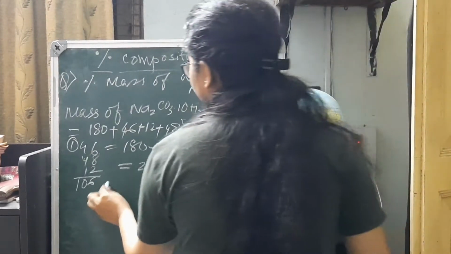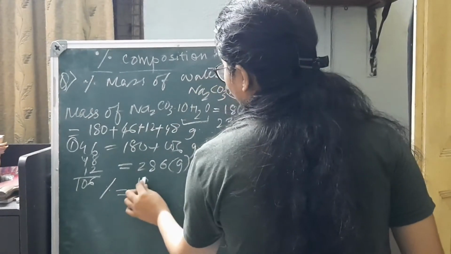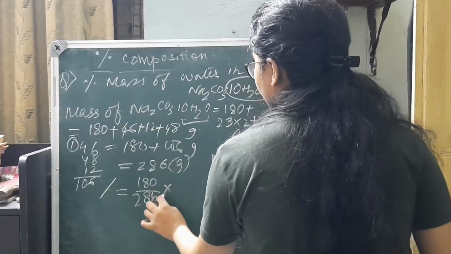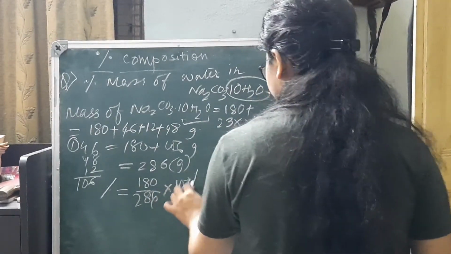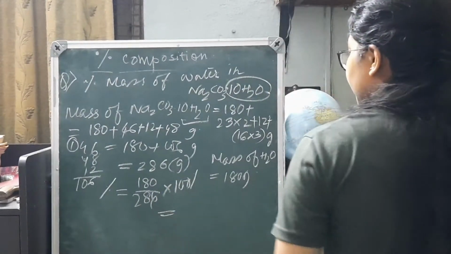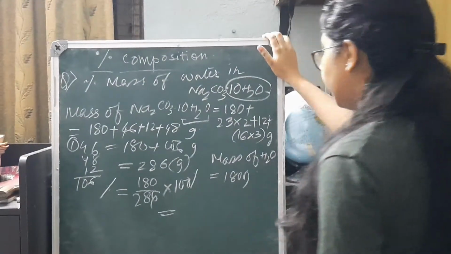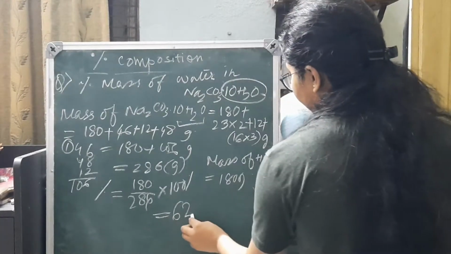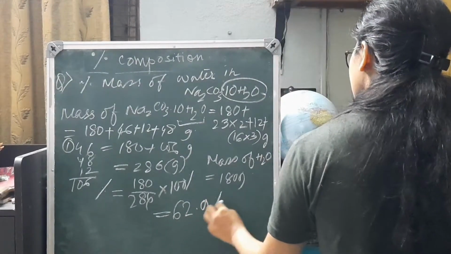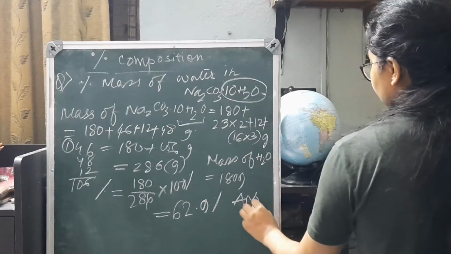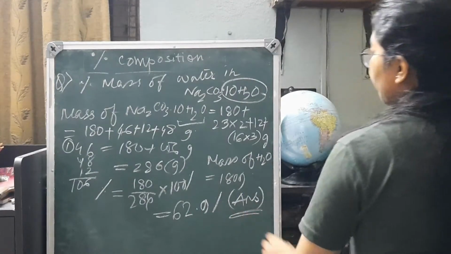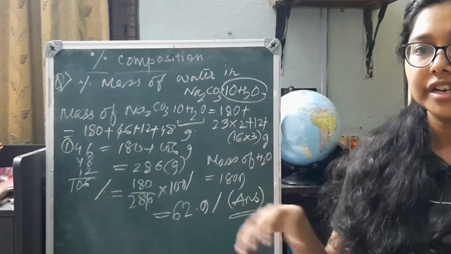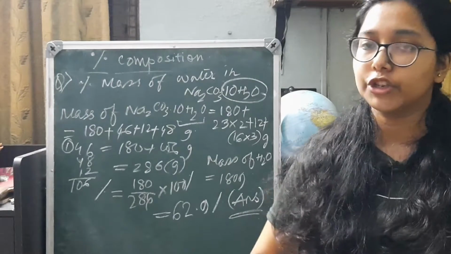So the percentage mass of water is 180 by 286 into 100. Upon calculation, it is 62.9%.